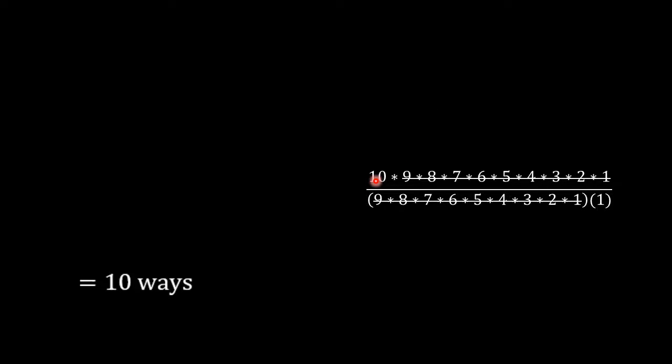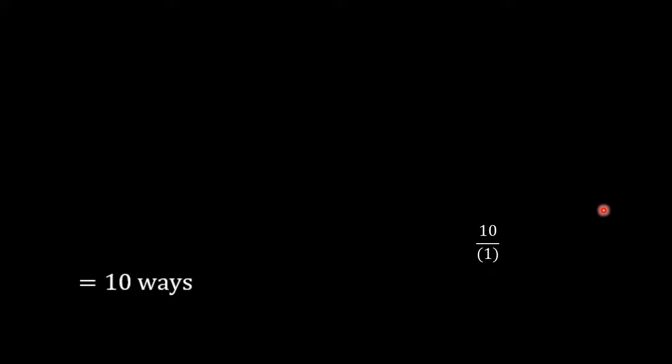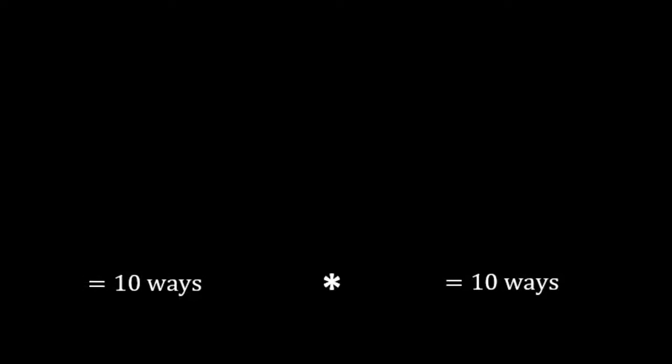We are only left with a 10 at the numerator and a 1 at the denominator, which leaves us with 10 ways. Now that we know these two, we only need to multiply them. Ta-da! 10 ways times 10 ways leaves us with 100 ways.